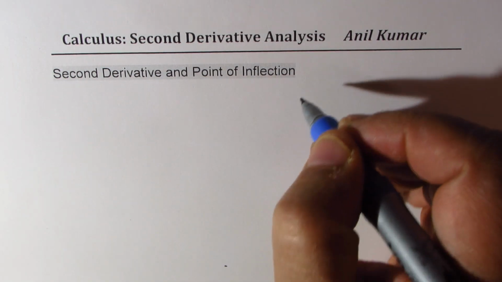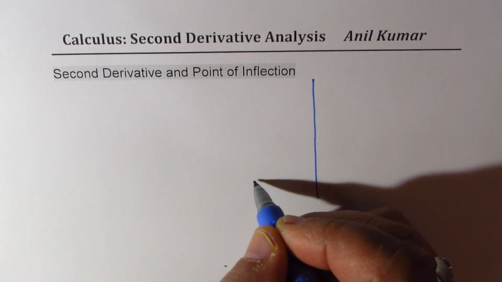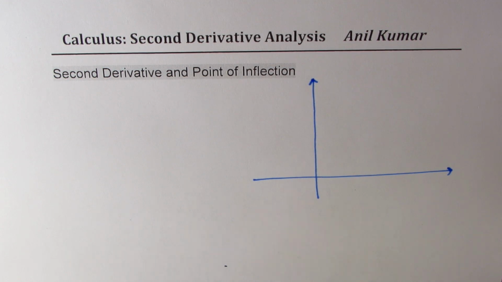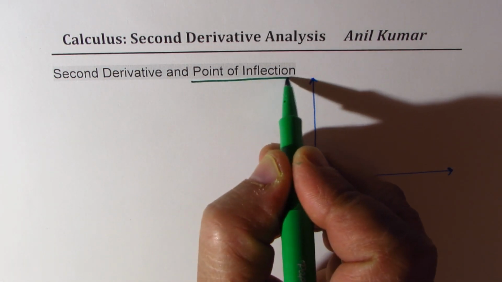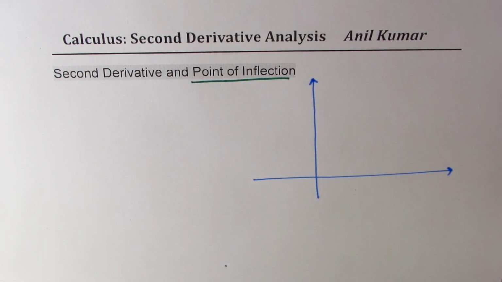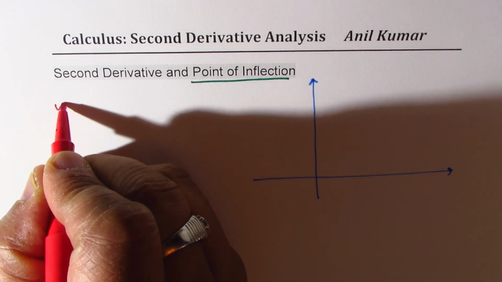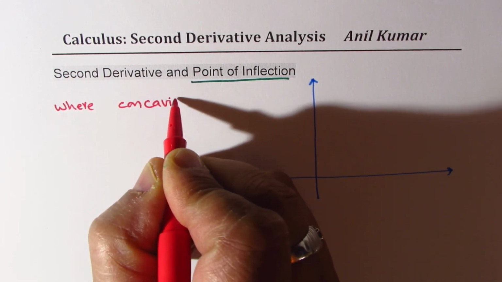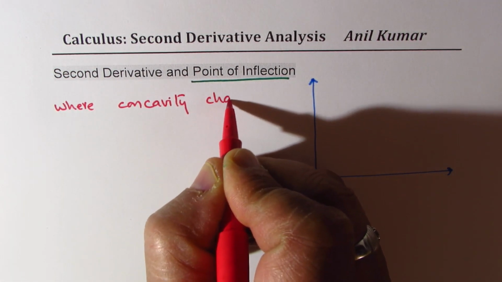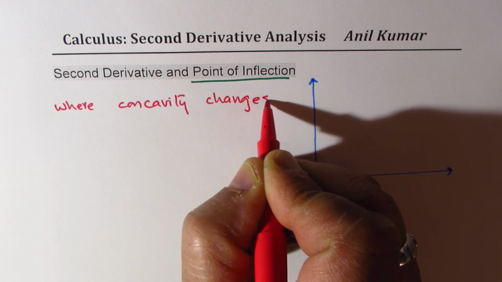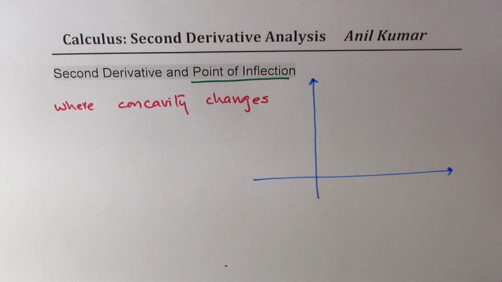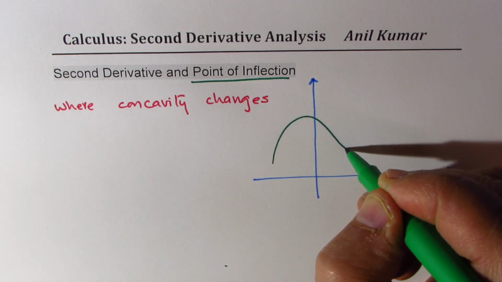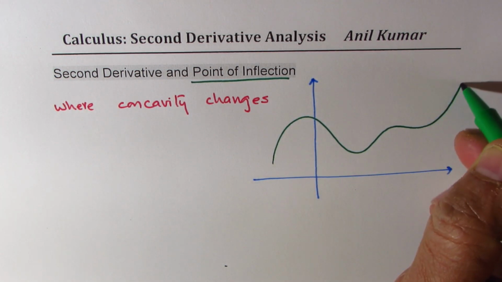Now let's look into the third very important part of our learning from the second derivative, which we call the point of inflection. A point of inflection is a point where concavity changes. Let's have a scenario like this.